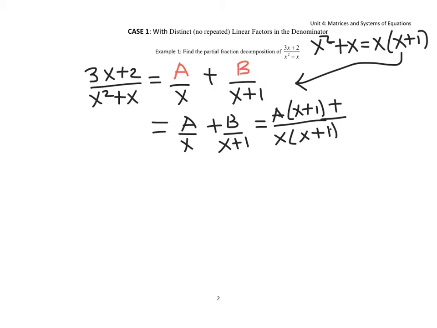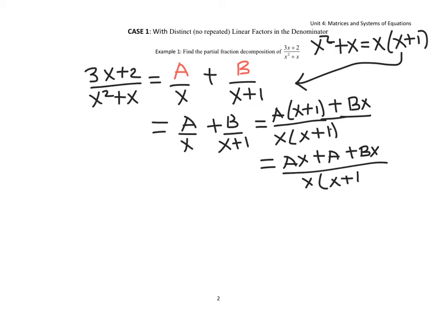The denominator of b is missing x, so I'm going to multiply that by x, and what do I get? What I have here now is ax plus a plus bx over x times x plus 1.